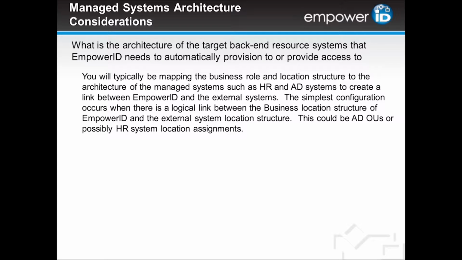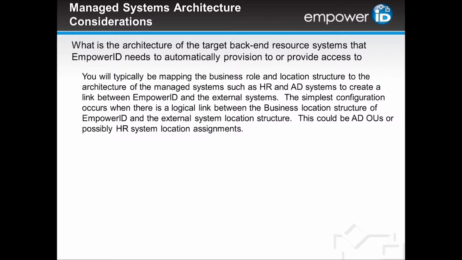This is to create a link between EmpowerID and those external systems. For HR, it could be coming inbound into EmpowerID, and you'll need to be able to map that HR structure into the business roles and locations in EmpowerID. And then in reverse, when we're provisioning out to Active Directory, we need to have some sort of link back to the Active Directory.